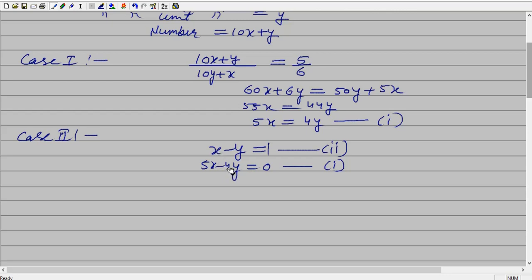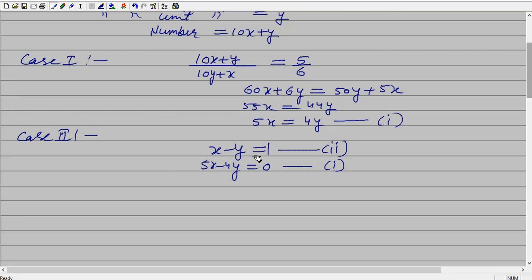You have already solved a lot of questions in the previous exercise on how to find out the value of x and y. So it's my duty to form the equations, and the rest you can solve easily, because we have already done so many questions in the previous 3 exercises.